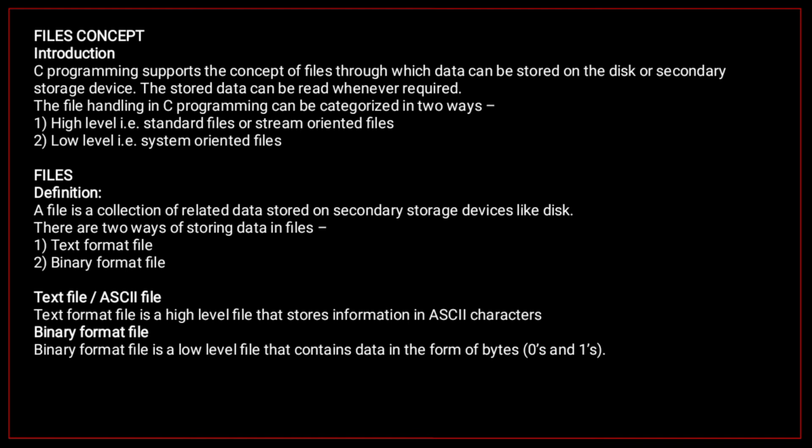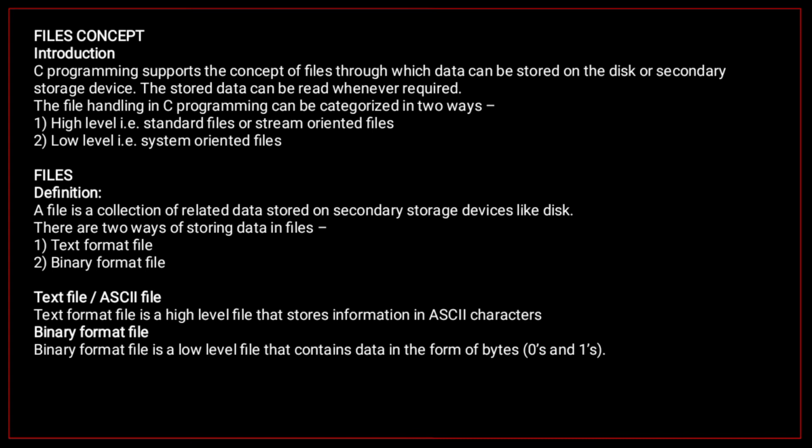A text format file is a high level file that stores information in ASCII characters like digits, alphabets, and symbols. In a text file, each line of text is terminated with a special character known as EOL, that is end of line character, or a new line character, that is \n. Text files are in human readable form and can be created and read using any text editor.